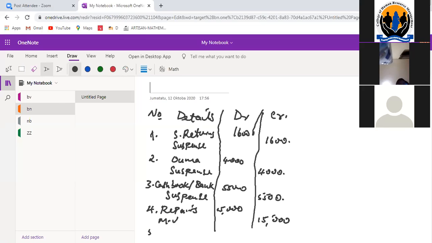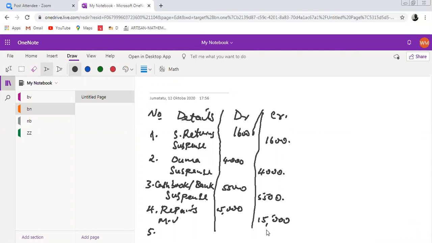And then number five, where we had a case whereby rent that was received of 19,000 was entered in the rent payable as 91,000 on the debit side.